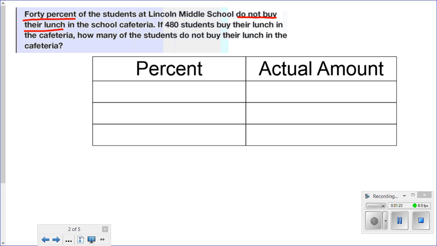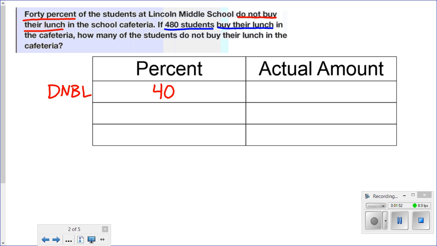So in our ratio box, we are going to put do not buy lunch, to give us a label so that we know what we're dealing with. Our do not buy lunch is going to be represented by a percent. And what percent are we going to use? 40%.